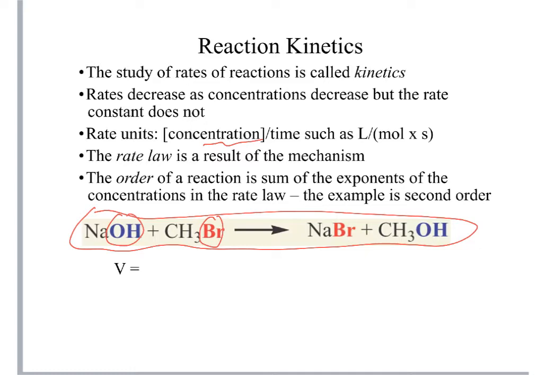Since we have a methyl bromide, which will not form a carbocation, this will be an SN2 type of reaction. So our rate will be the proportionality constant times the concentration of the alkyl halide, in our case methyl bromide, times the concentration of the nucleophile, in our case the base sodium hydroxide. So, second order kinetics.